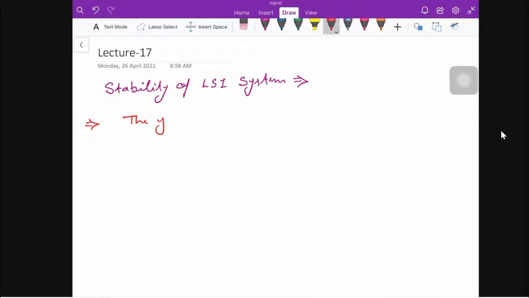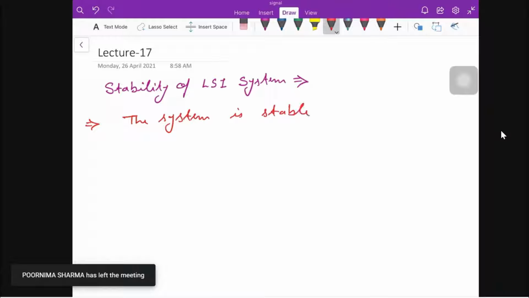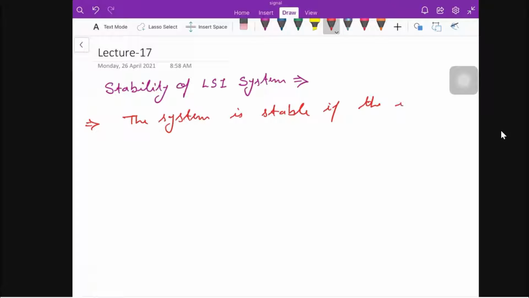The system is stable if the impulse response is absolutely integrable.